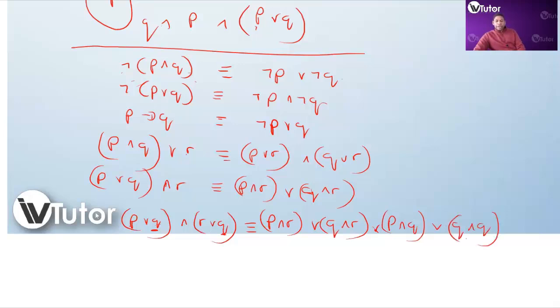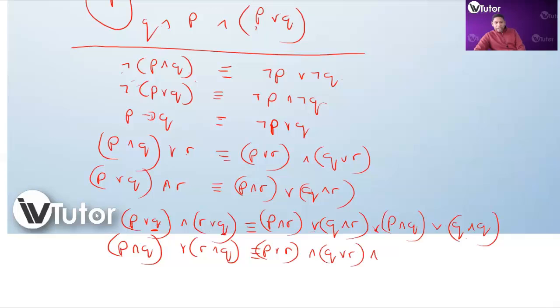This is also something that you can come across. It applies as well to (P and Q) or (R and Q). For example, we're then going to have (P or R) and (Q or R) and (P or Q) and (Q or Q), like that.